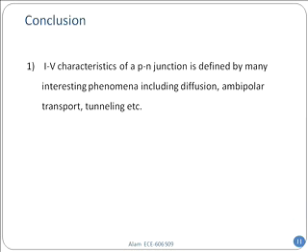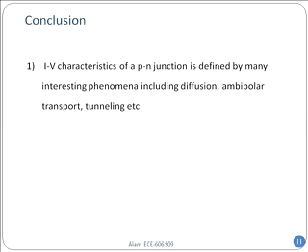Okay, so the IV characteristics of the p-n junction have many phenomena, and we'll continue in the next lecture, but I have explained some of them: diffusion, ambipolar transport, and tunneling. Tunneling has two types. One is Zener tunneling, which is on the reverse bias side, and Esaki tunneling, which is on the forward bias side. Esaki tunneling only occurs in heavy doping. Zener tunneling occurs all the time.